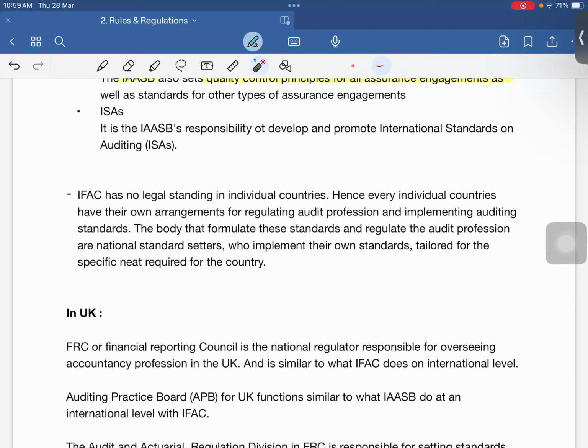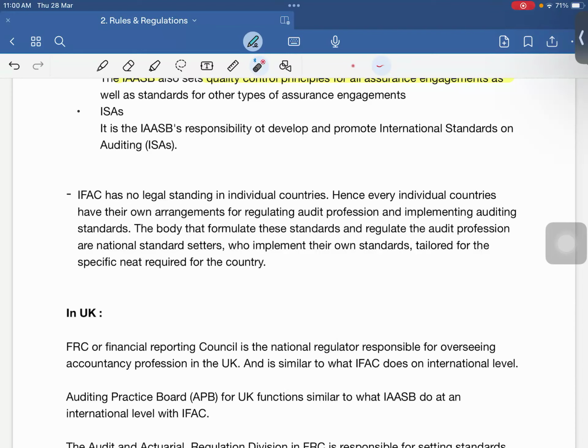Global. All those countries can give the ACCA members the right for their designation. But IFAC is not something that is being imposed upon it. So every country would have their own regulatory body, but IFAC is a general guideline.